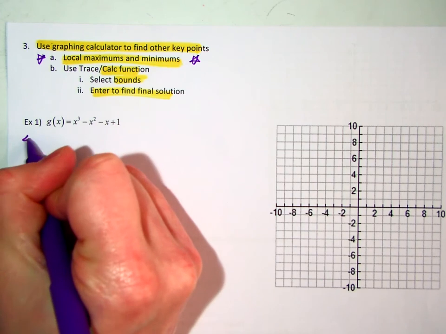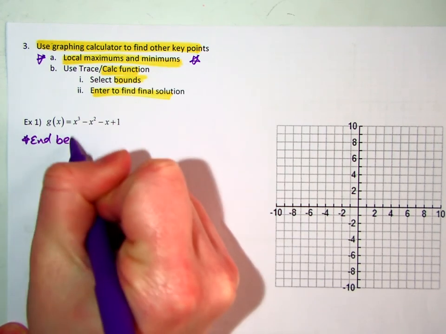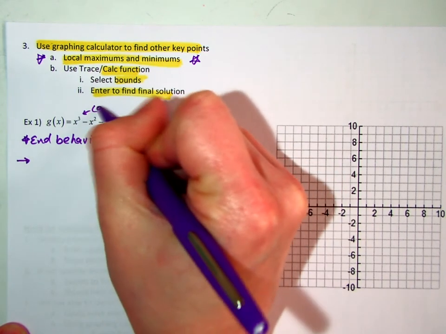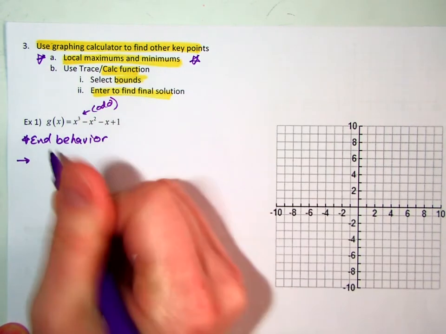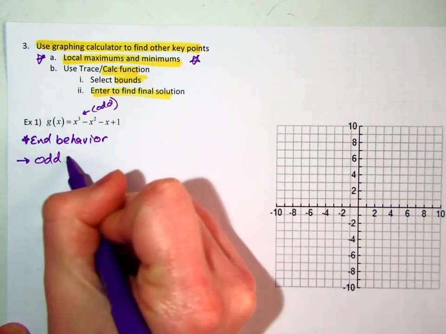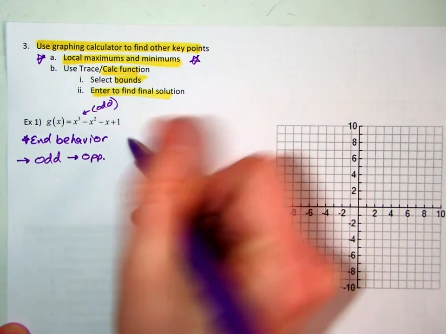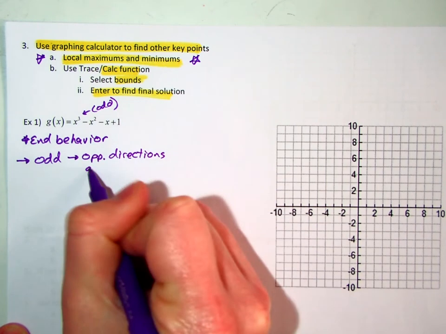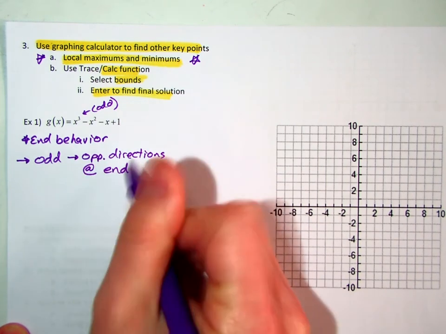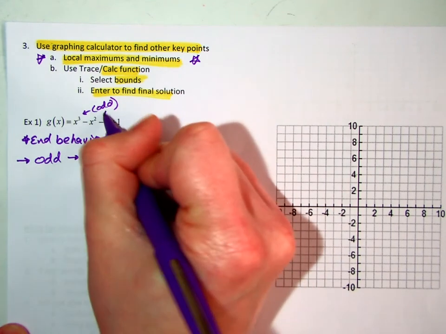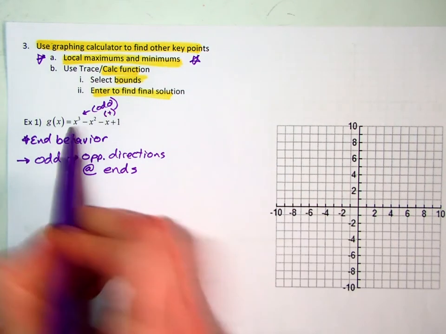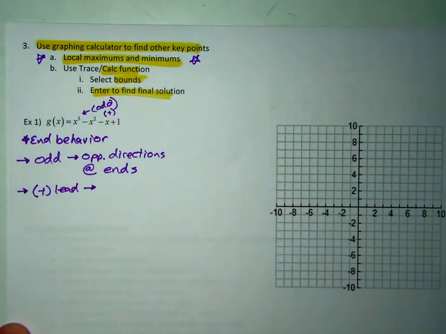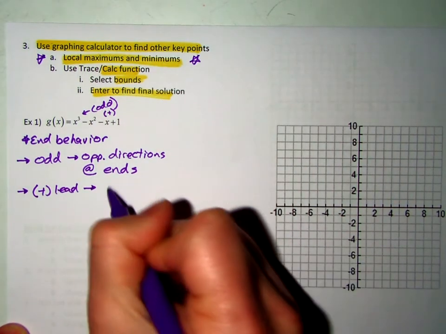So the first thing that I'm going to deal with is the end behavior. All right, since my highest exponent is odd, that means it will go in opposite directions at the ends. And because I also know that this is a positive lead coefficient, because it would be a positive one, that tells me it should be basically like a positive slope.